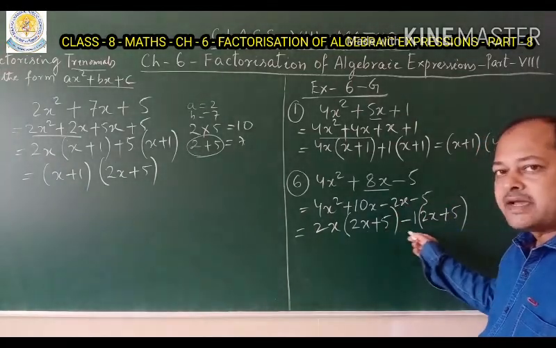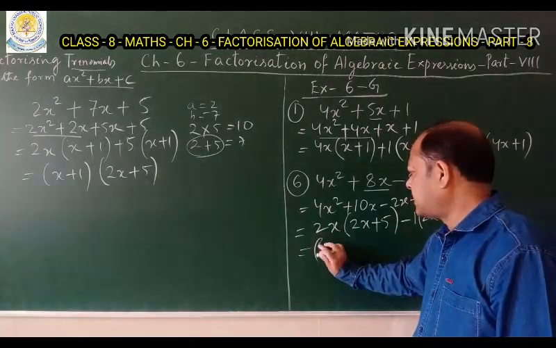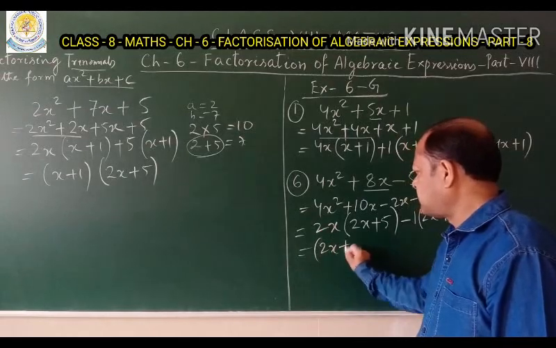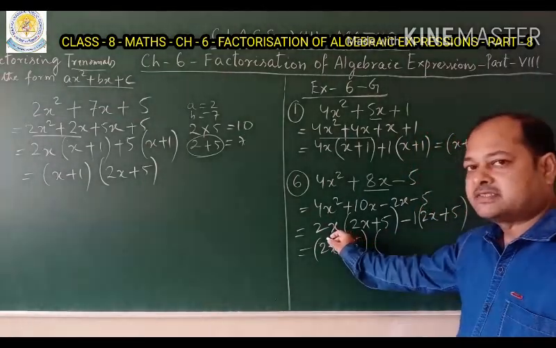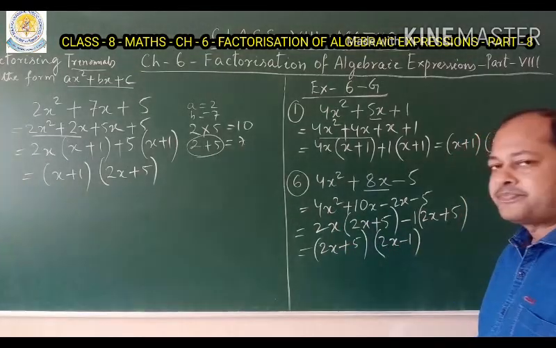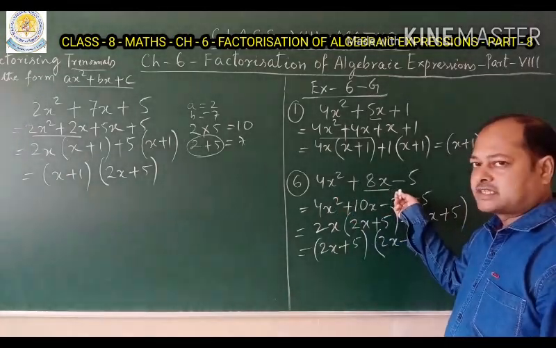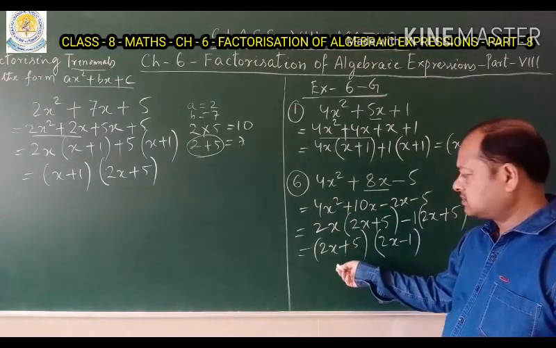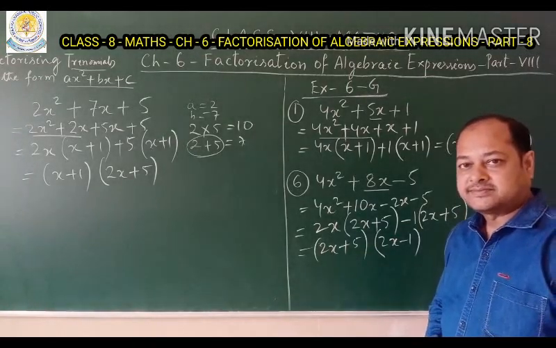So 2x plus 5 is the common binomial factor. Outside the bracket is 2x minus 1. So the two factors of this algebraic expression are 2x plus 5 into 2x minus 1.